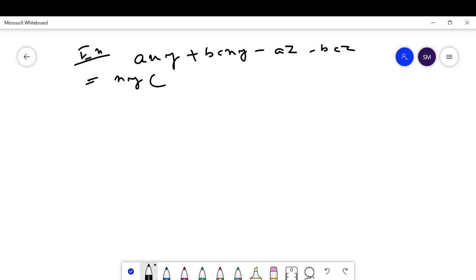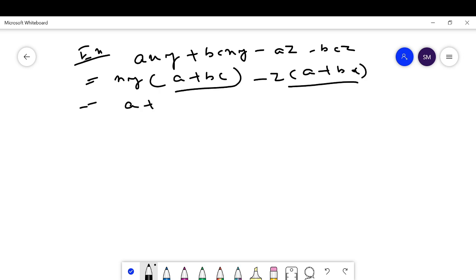Then what remains here? a plus bc. Then in these two terms you may take common minus z. What remains here? a plus bc. Then here a plus bc, here a plus bc. When you take common a plus bc, this is xy minus z. This is the factorization of the given algebraic expressions.